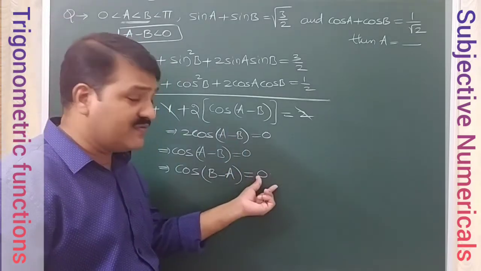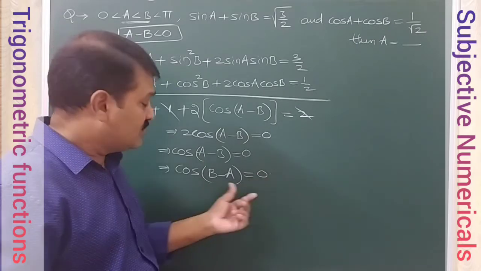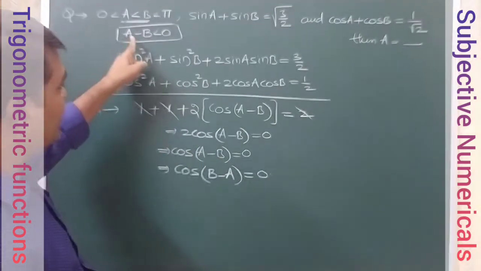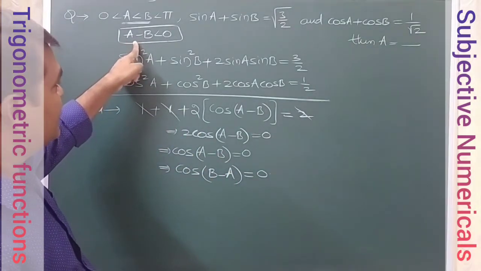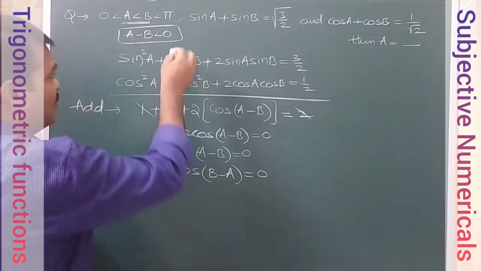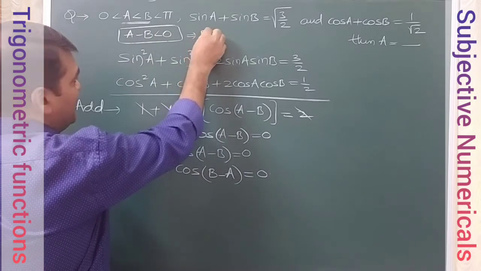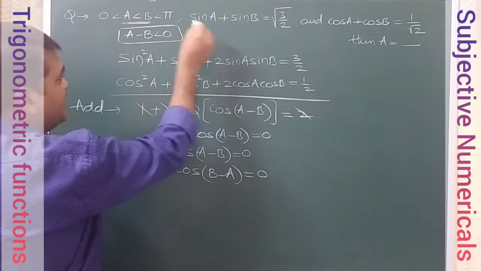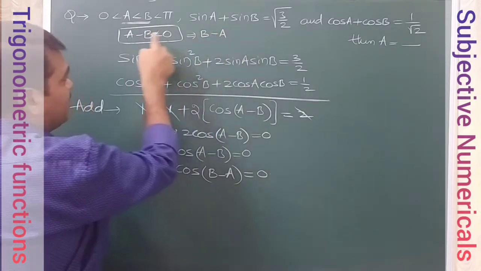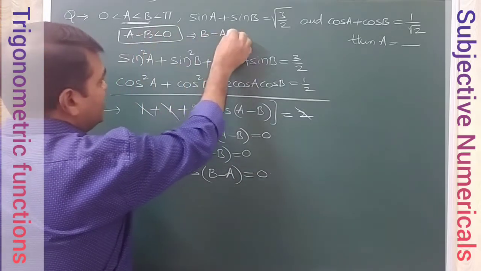Cos function is 0 for which angle? Pi by 2 only, no? So B minus A as pi by 2 is okay, because A minus B is less than 0. If you multiply with minus, what will we get? Multiplying with minus, the inequality changes.